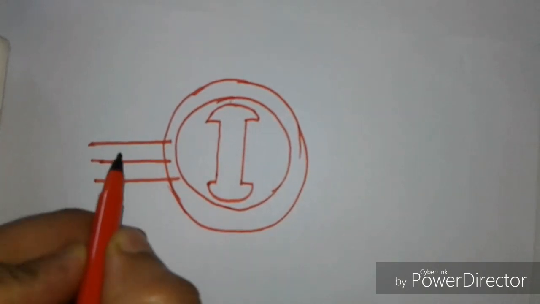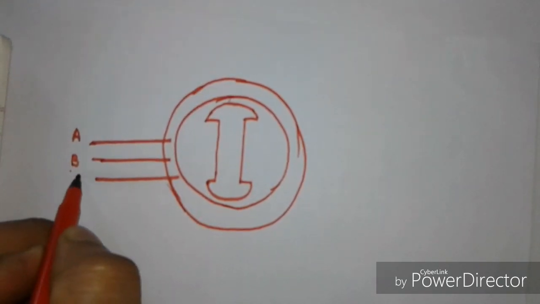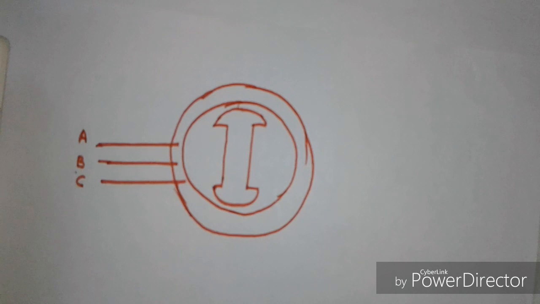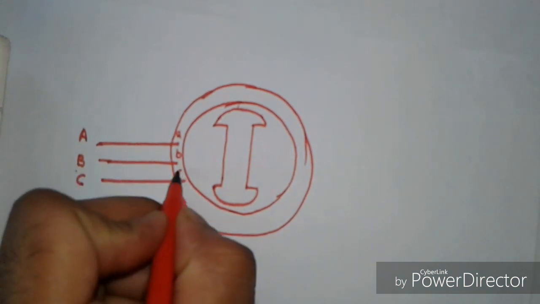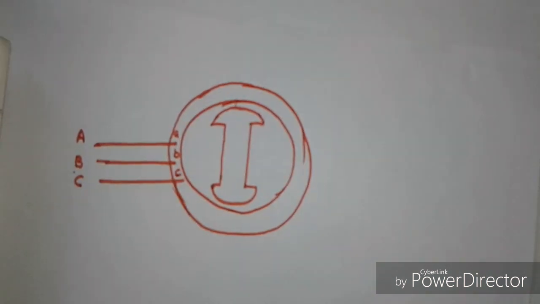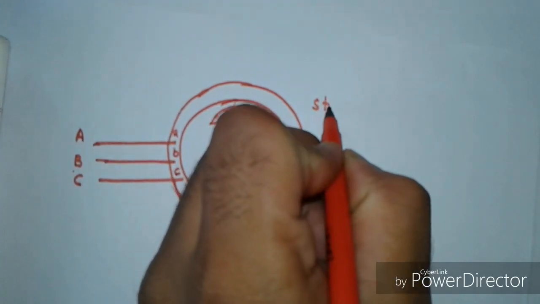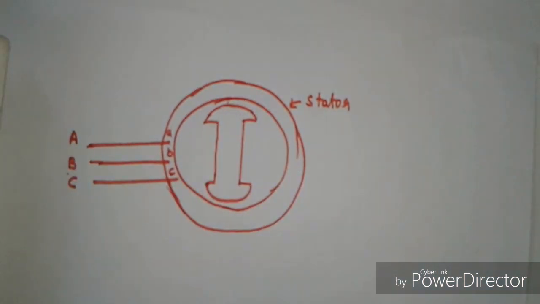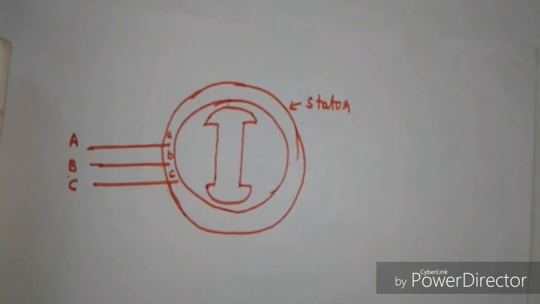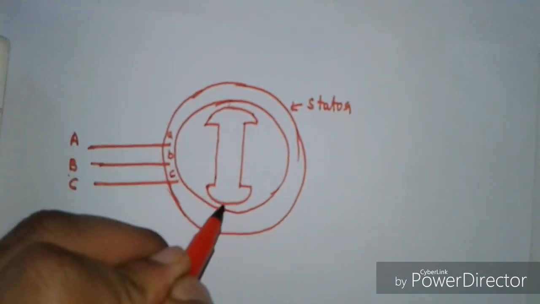So we have the A, B and C phases which are connected to the A, B and C of the stator terminal. So this is a stator, and the inner part is a salient pole rotor.